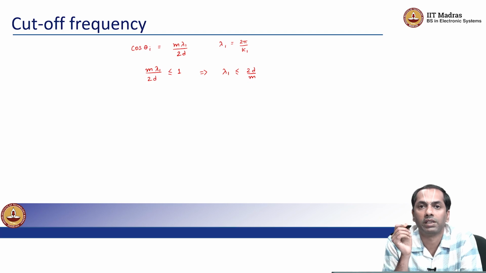So, it means to say that for wavelengths greater than the value 2d by m, we cannot support a propagating mode, right. Why do I say that?